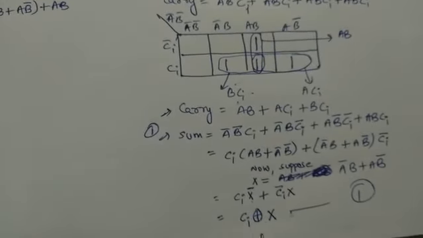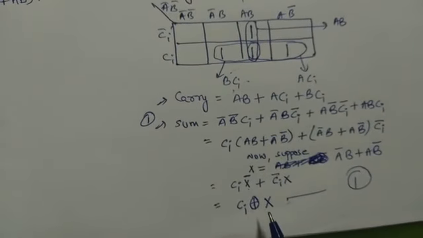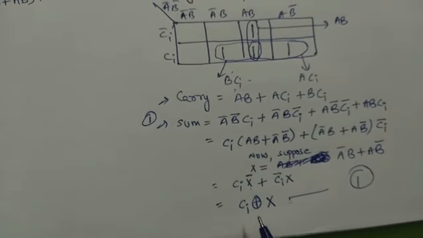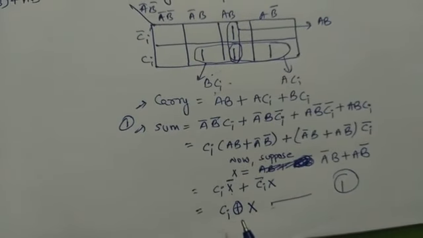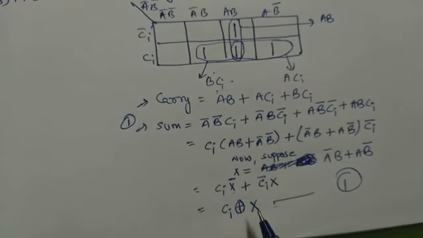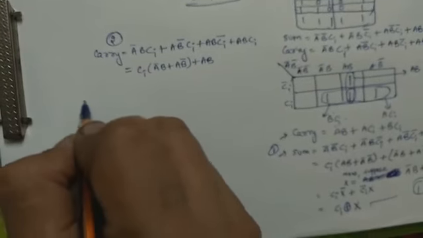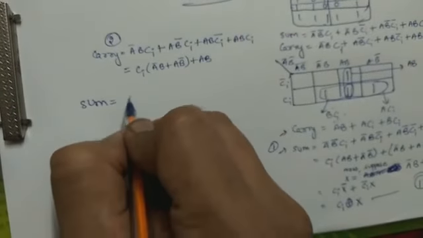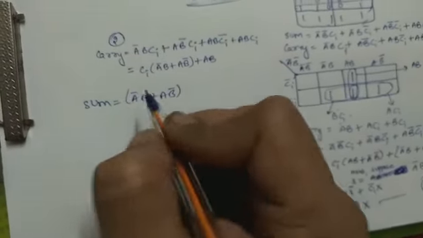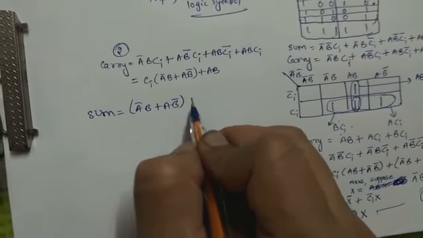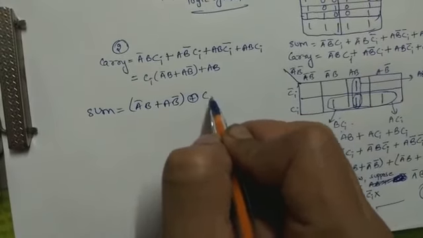So now let us take this sum equation where Ci is the carry input and this is getting exclusive OR with the x input. X is what? Let us replace this x. So it can be written as sum is equal to A bar B plus A B bar. It is getting exclusive OR with carry input.